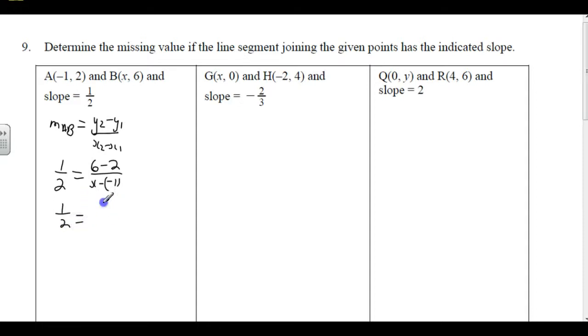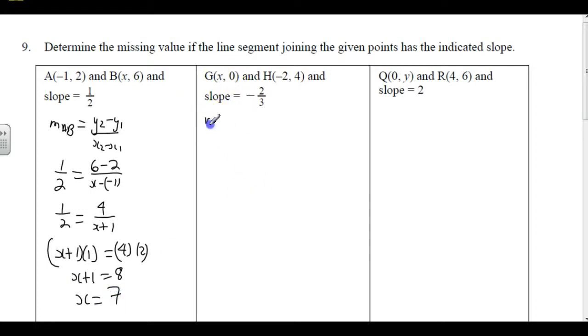So 1/2 is equal to 4 over x plus 1. We're going to cross multiply. X plus 1 times 1 is equal to 4 times 2. So x plus 1 is equal to 8. So x is equal to 7.